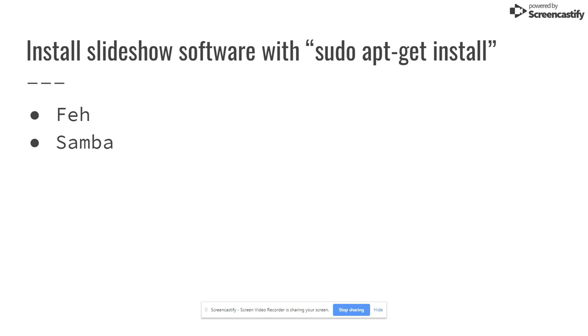The first thing that I had to do was install a slideshow software with the sudo apt-get install line. The first one I installed was FEH, and that's actually the slideshow software. And then the second app that I had to install was called Samba.